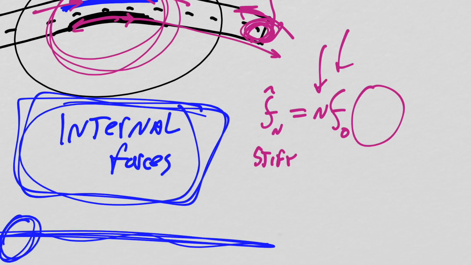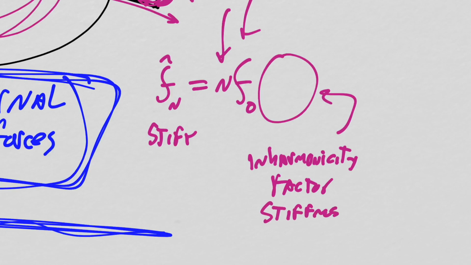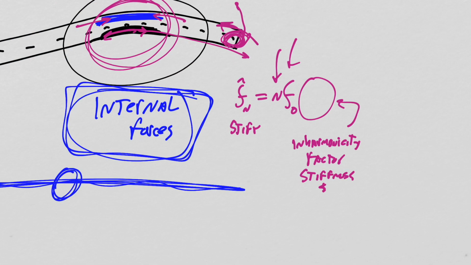That's going to be the inharmonicity factor, we'll call it. And that inharmonicity factor is for stiffness and damping, right?